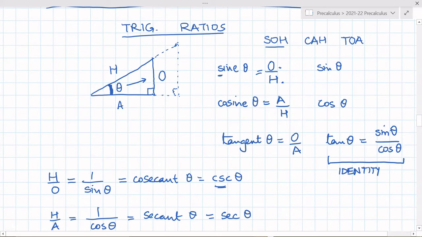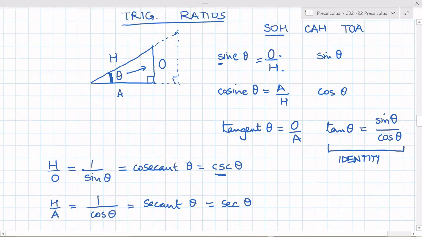How would we do that? Because you know there are 3 sides, right? O, A, and H. If you know one ratio, you can figure out the ratio of 2 of these. And then the third one you can find by the Pythagorean theorem, right? A squared plus O squared is H squared. And once you know all the 3 sides, you know all these ratios, correct?